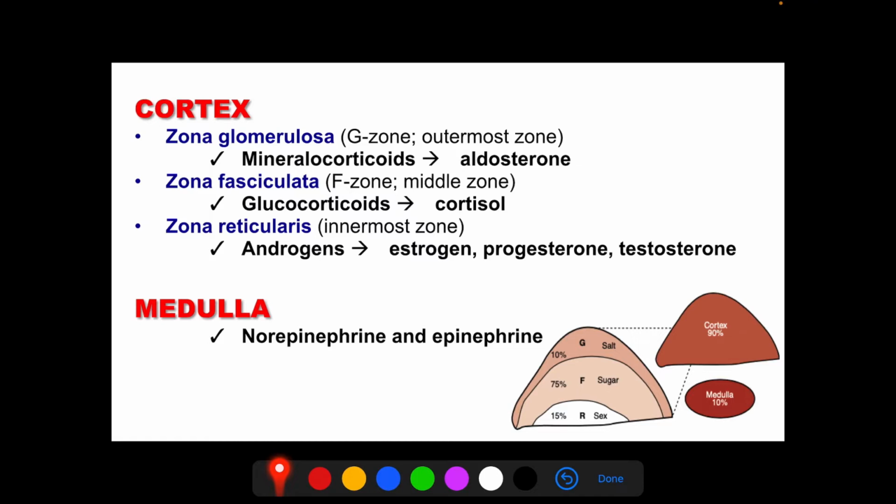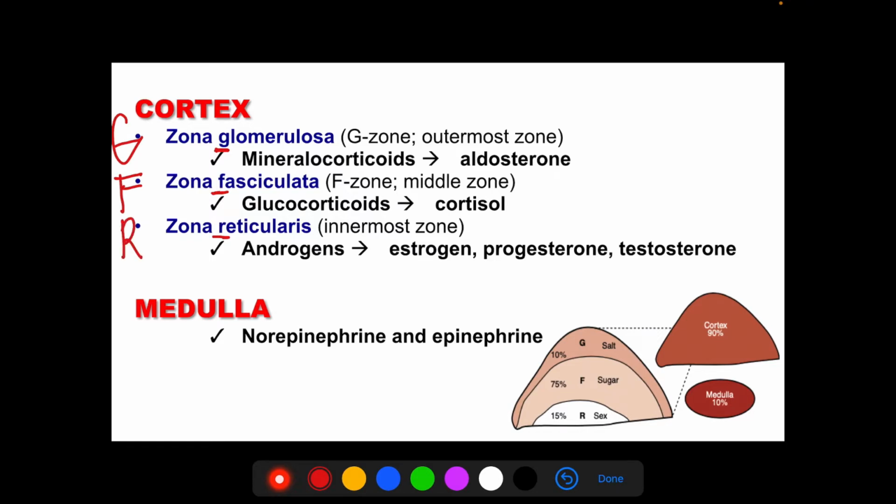The cortex is composed of three zones: zona glomerulosa, zona fasciculata, and zona reticularis.